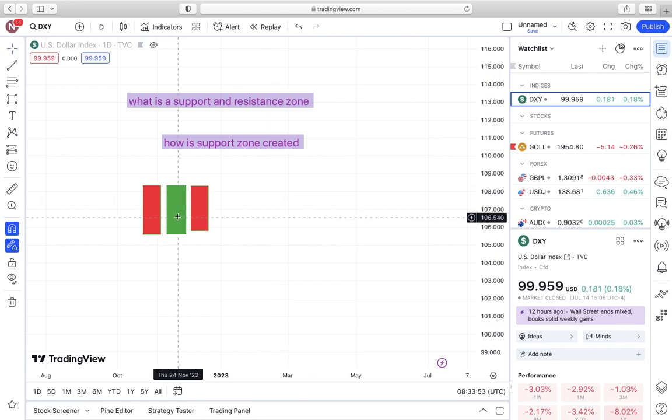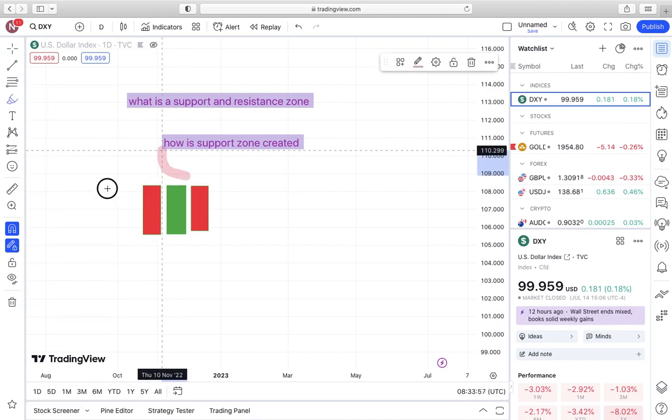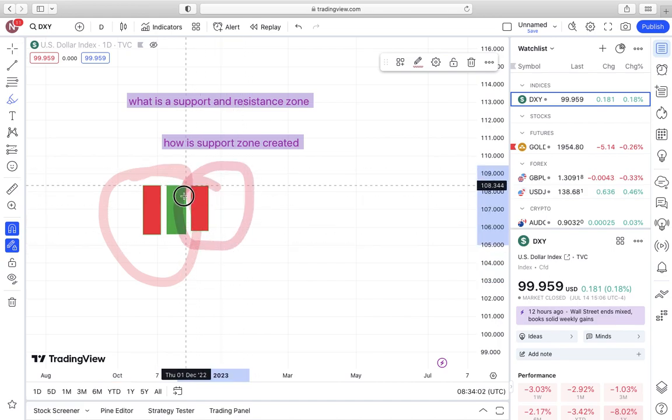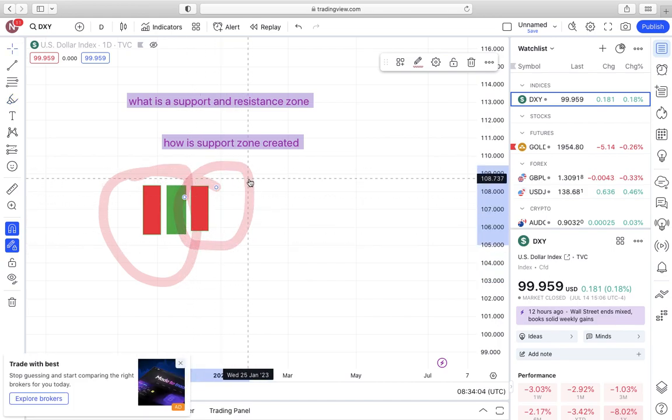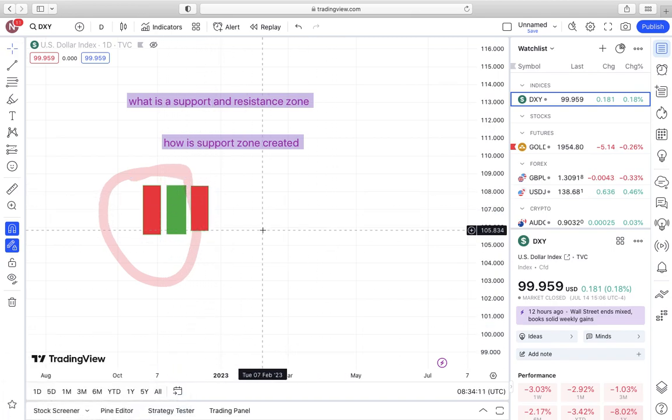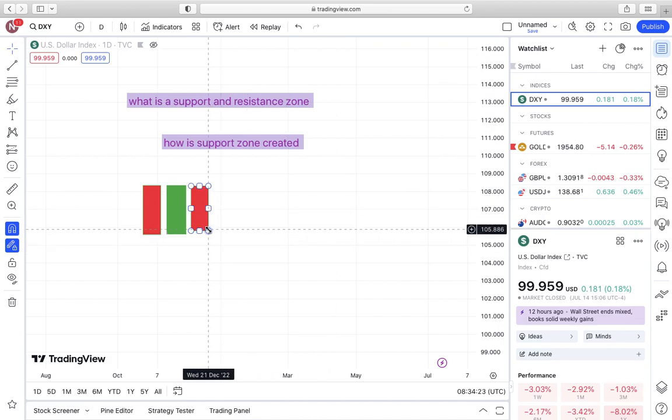Which means when a support zone is created, with this scenario you can see, this is a support zone already created. Then we have another bearish candle printed again, which means when a bearish candle follows the previously created support zone, that support zone is now violated, and we get what we call a current resistance zone.